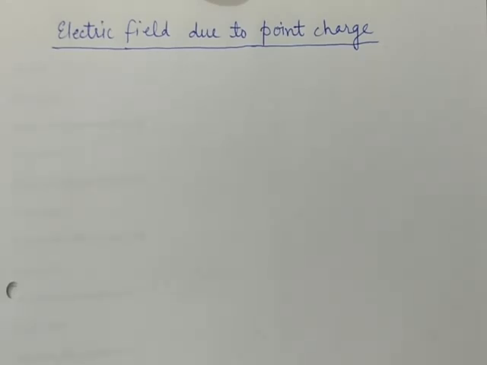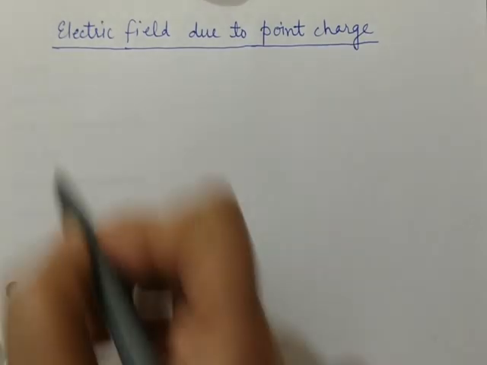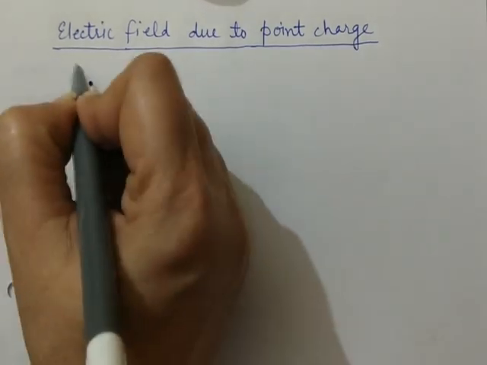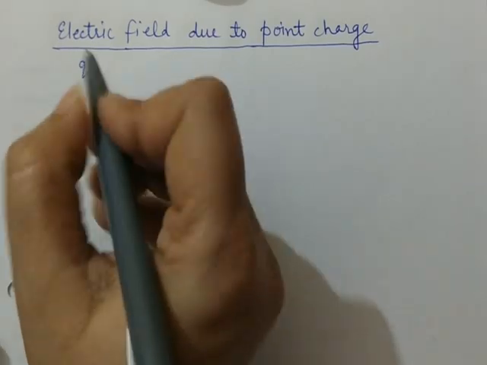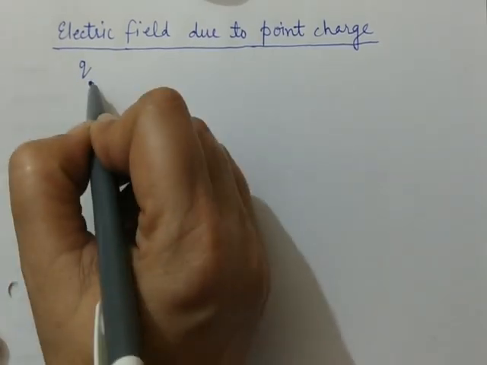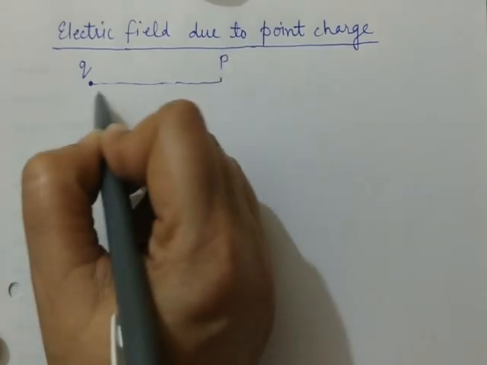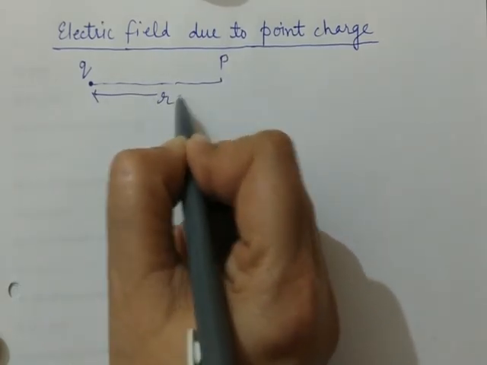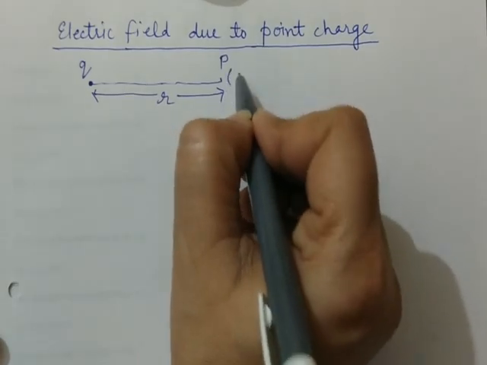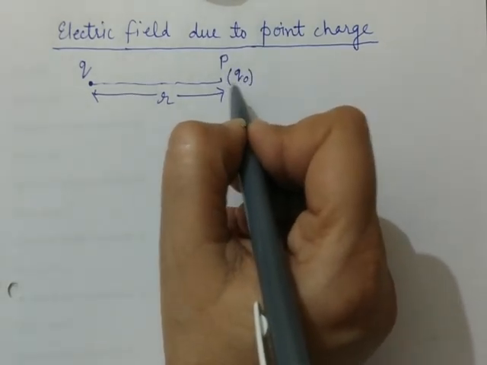Electric field due to point charge. The expression for electric field, because it's a point charge, is given using Coulomb's law. There is a charge Q placed at one point. There is a point P at distance r from this charge Q, where we assume Q naught charge is placed.